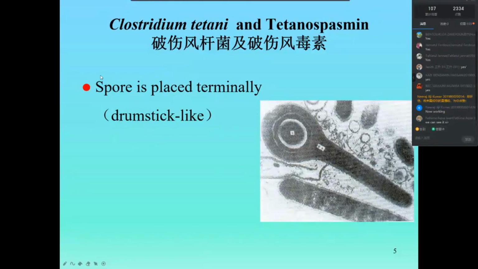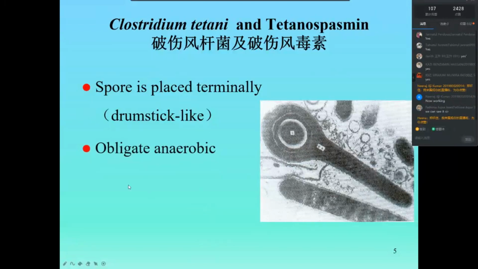The spore is placed terminally at one end. So under the microscope, you can see this drumstick-like structure, a drumstick with one end swelling, and you can see different layers of the endospore.